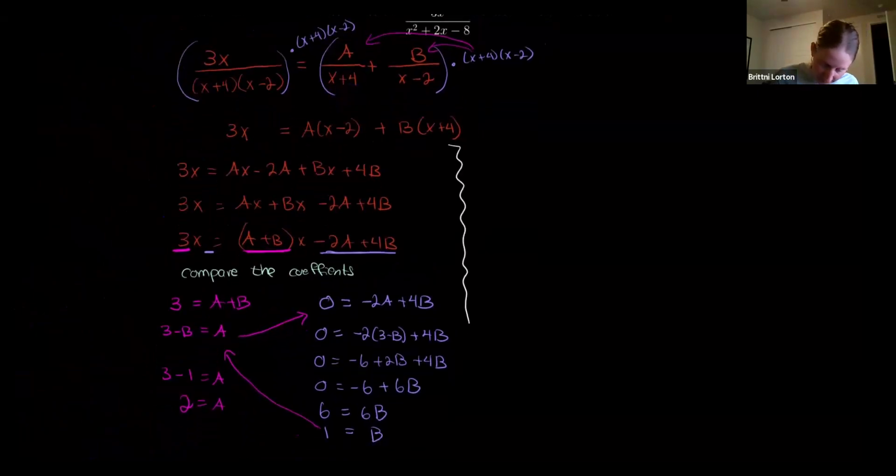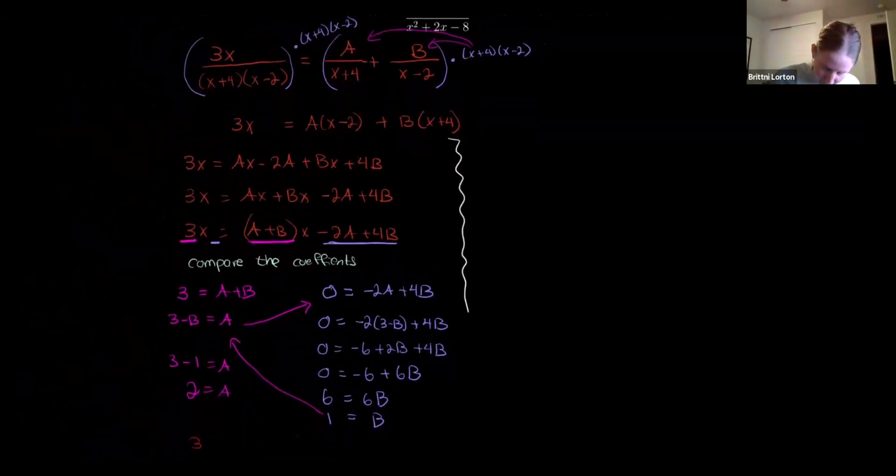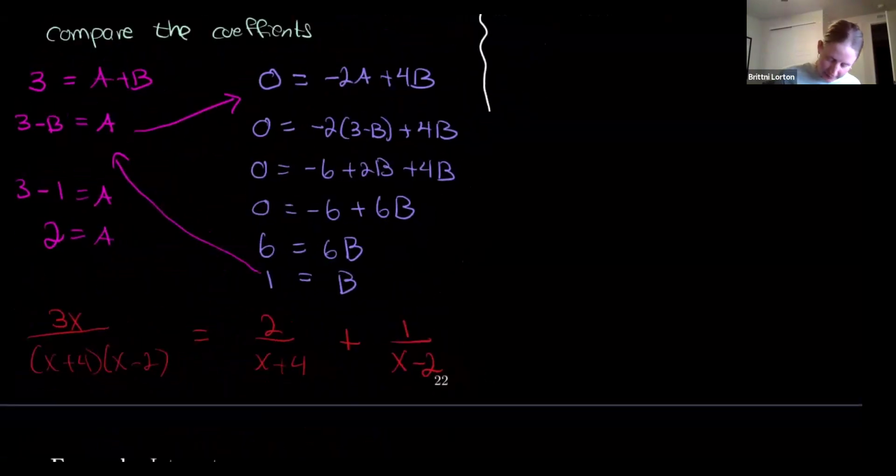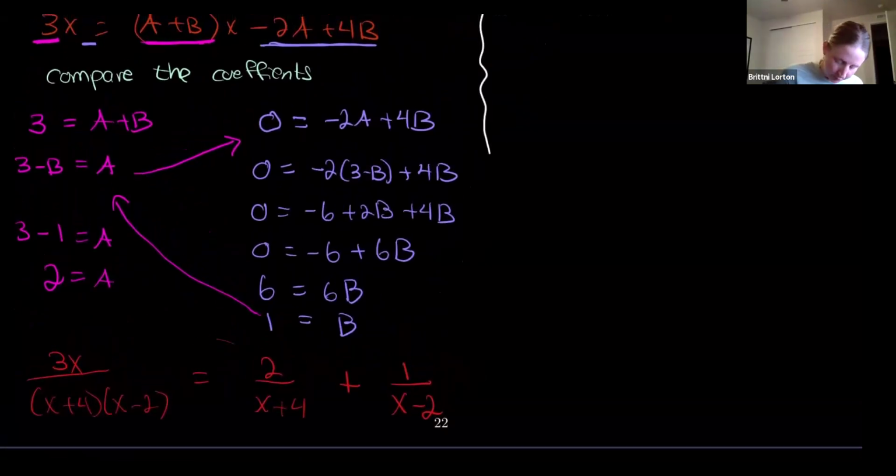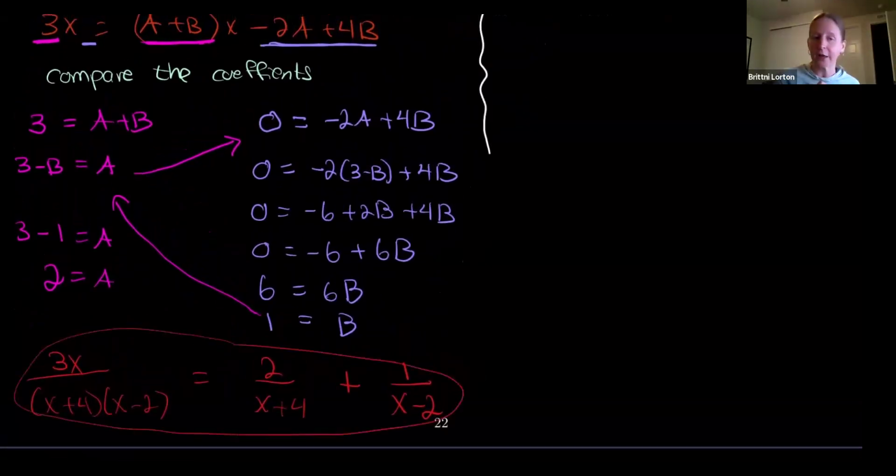And so now I have, if I were to rewrite that, 3x over (x plus 4) times (x minus 2) is equal to a over x plus 4 plus b over x minus 2. And I just replaced my a and b with what I found. That is the partial fraction decomposition.